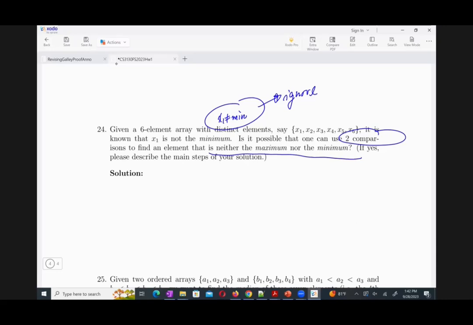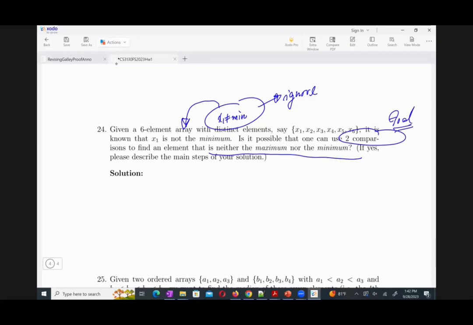But here, we put this condition back. We have more information. Can we do better than 3? That's the reason our goal is to get 1 fewer comparison than that 3.